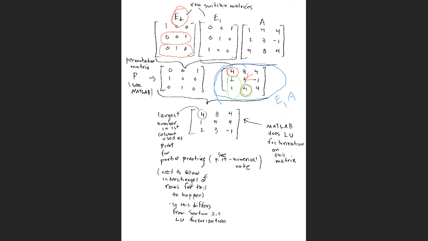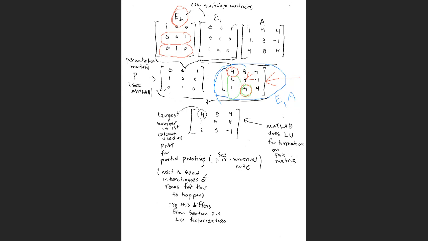Good, that's right, Hung. E2 is the elementary matrix where you interchange rows 2 and 3. So to interchange rows 2 and 3 on this matrix, you multiply it by this E sub 2 matrix.